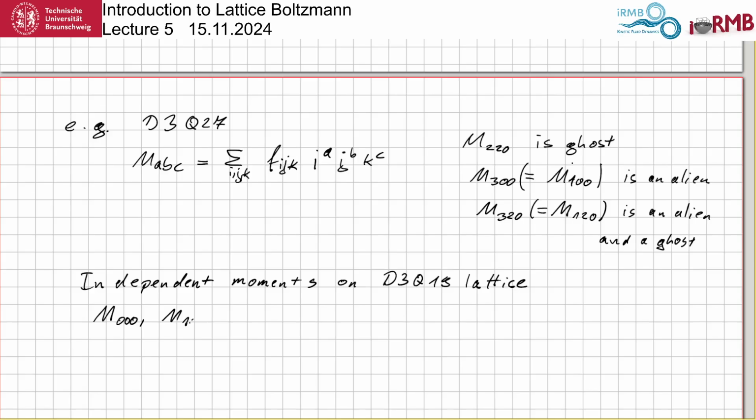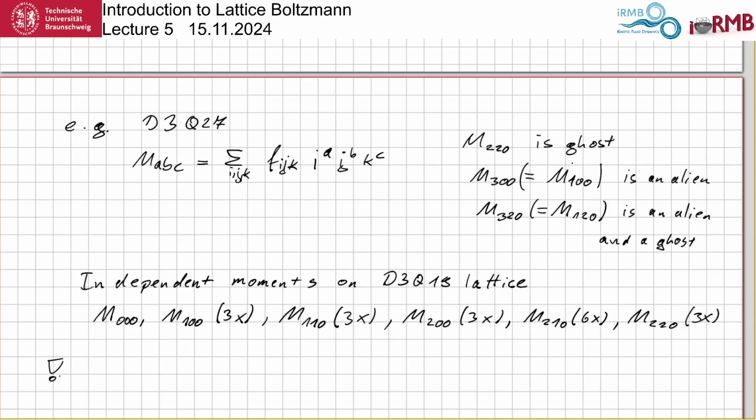Obviously, we have the ones that we need, otherwise it would not be possible to solve the Navier-Stokes equation with this lattice. So we end up with these 10 here, plus some third order moments, 6 of them, and three fourth order moments.